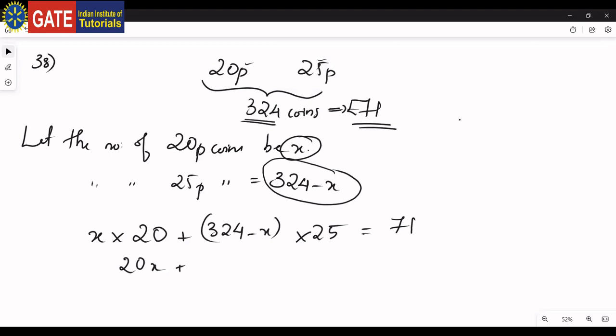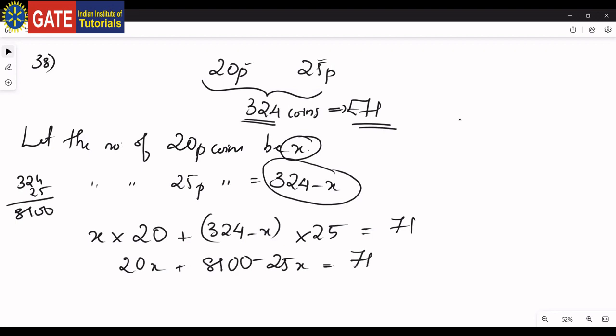What is 25 into 324? It is 8100. Okay, it is 8100 minus 25x equals 71.